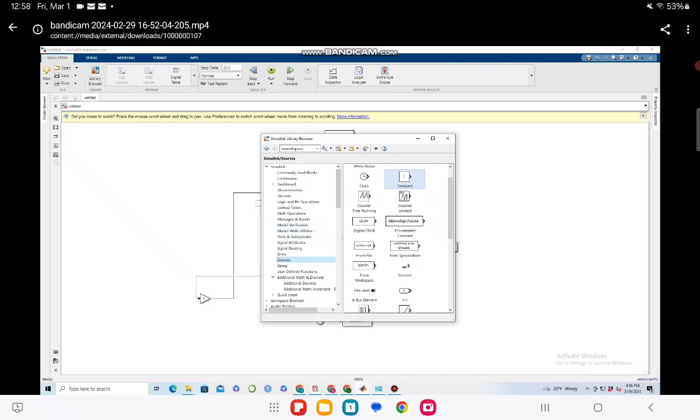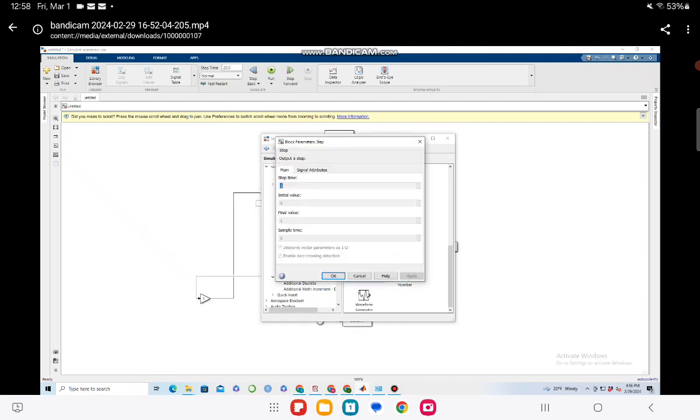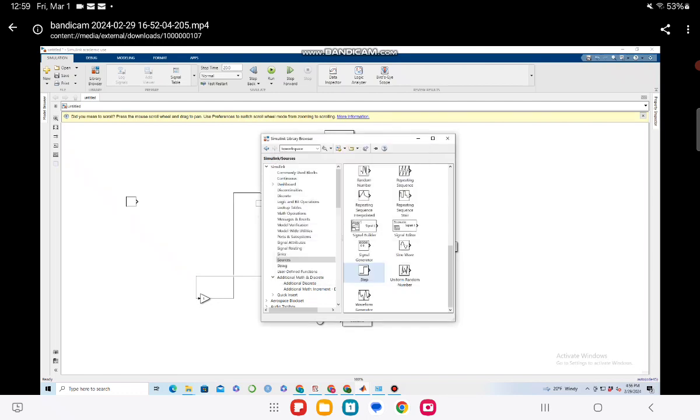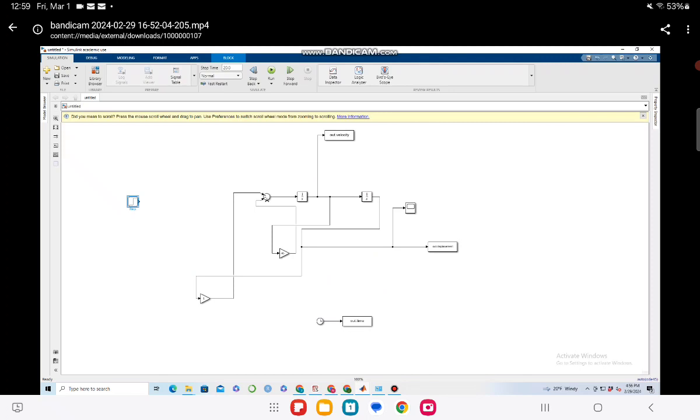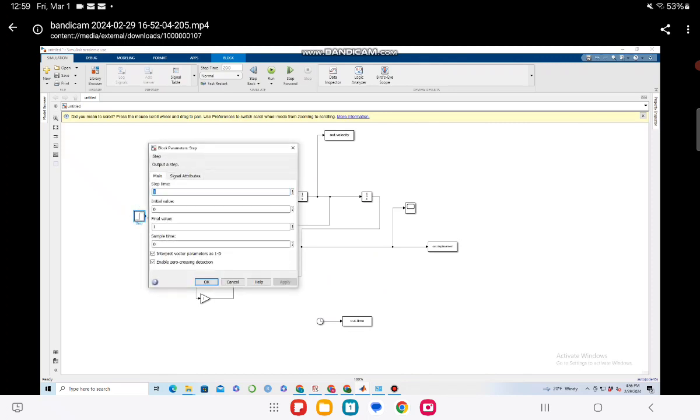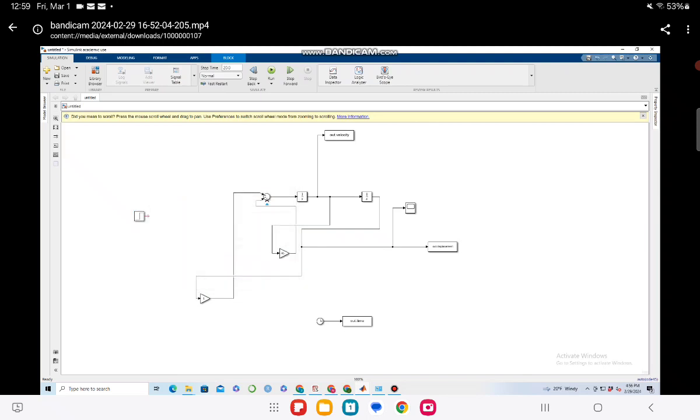Now we're going to go back to our sources and find the step function. You can set it to step at a certain time. I'm going to put the step time to be 7 so that we can see when there's no step function, and then clearly see when it jumps. It goes from 0 to 5.